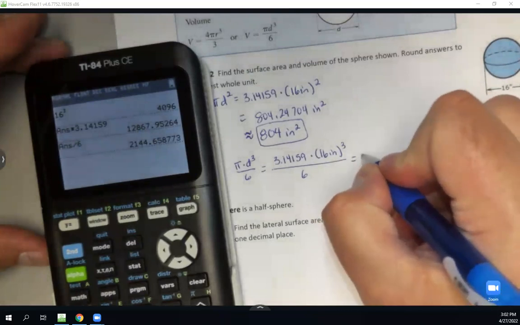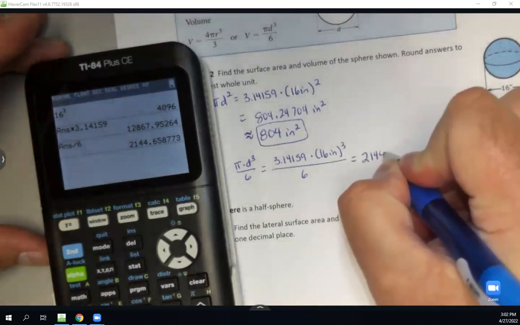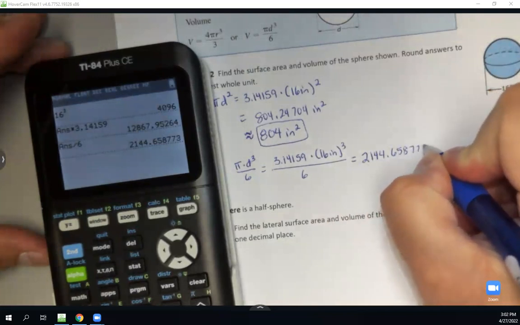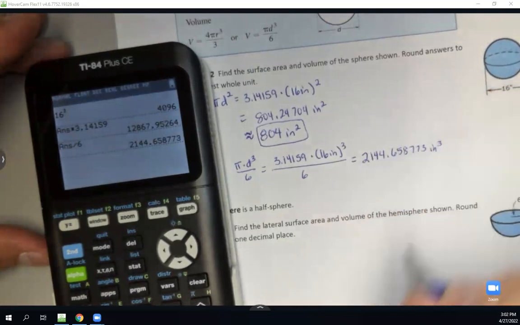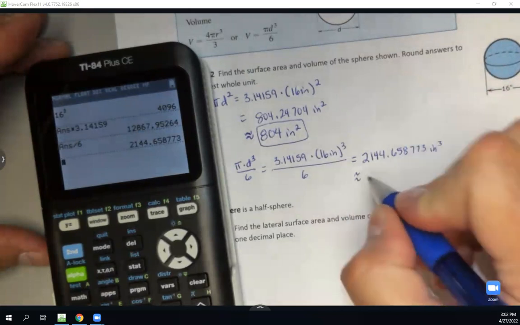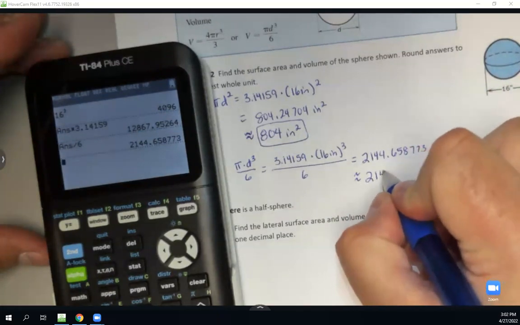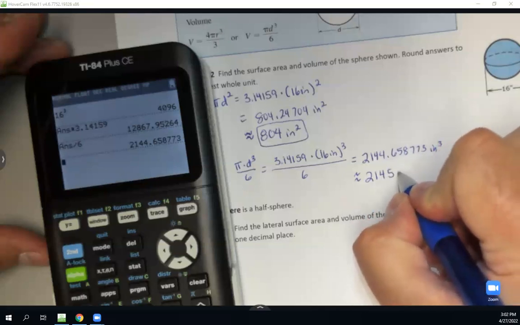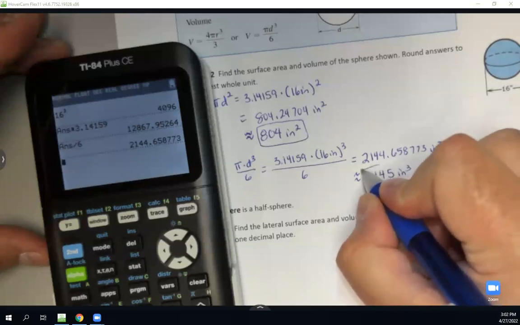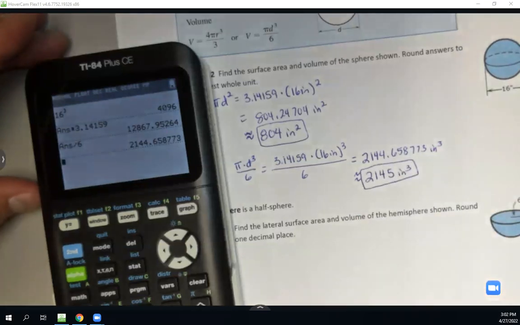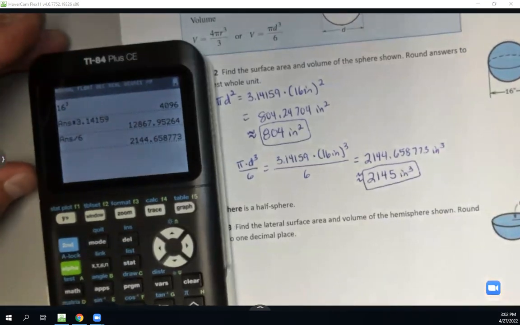So this is going to be 2,144.658773 cubic inches. So if I round to the nearest whole unit, that's going to be 2,145 cubic inches. Make sense?